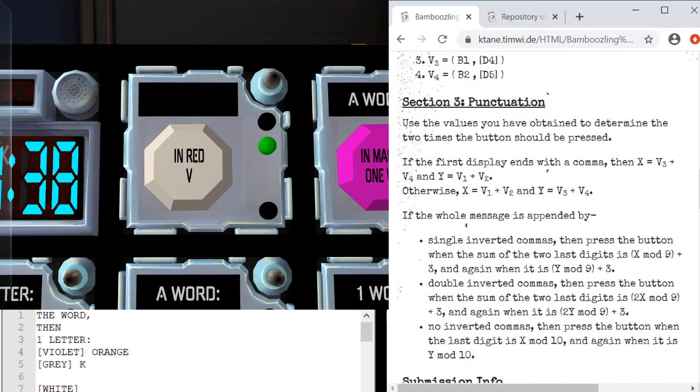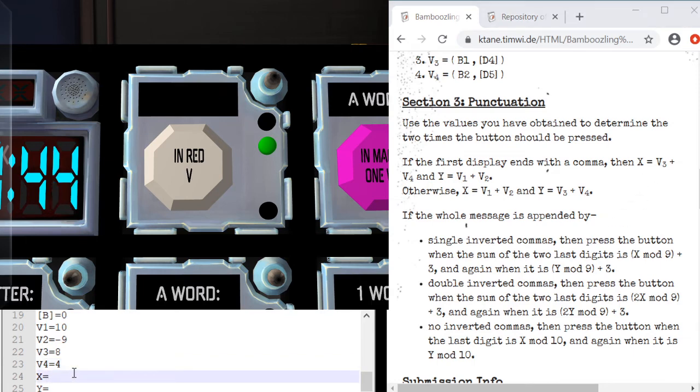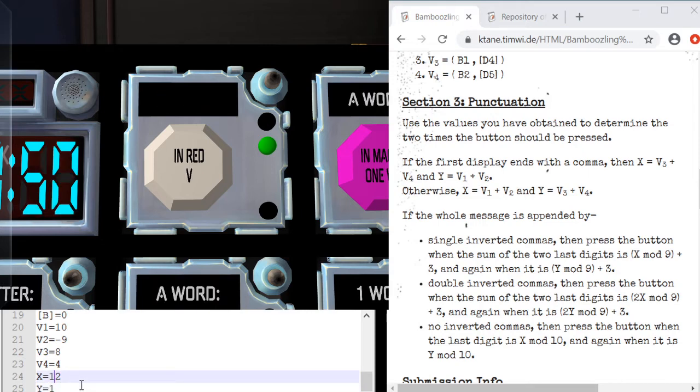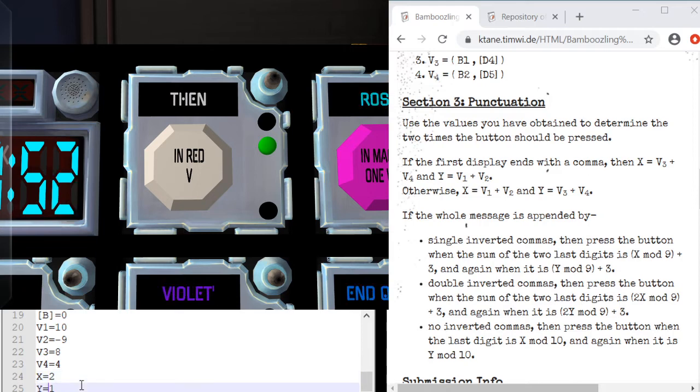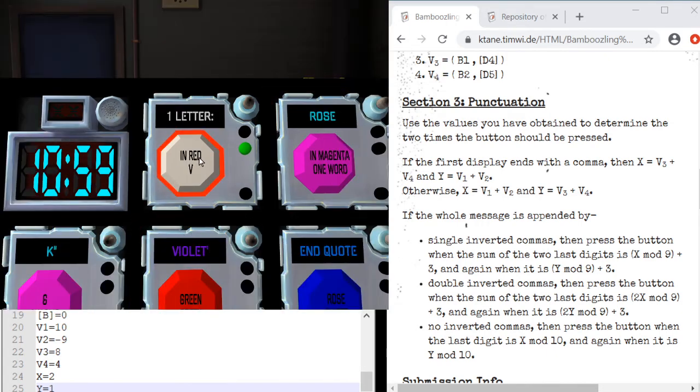In this case, the first display does actually end with comma, so these get swapped, and x ends up being v3 plus v4, which is 12, and y is v1 plus v2, which is 1. So, again, x mod 10, which is 2, and 1 mod 10, which is still 1. So we press the button when the last digit is 2, and again, when it is 1.